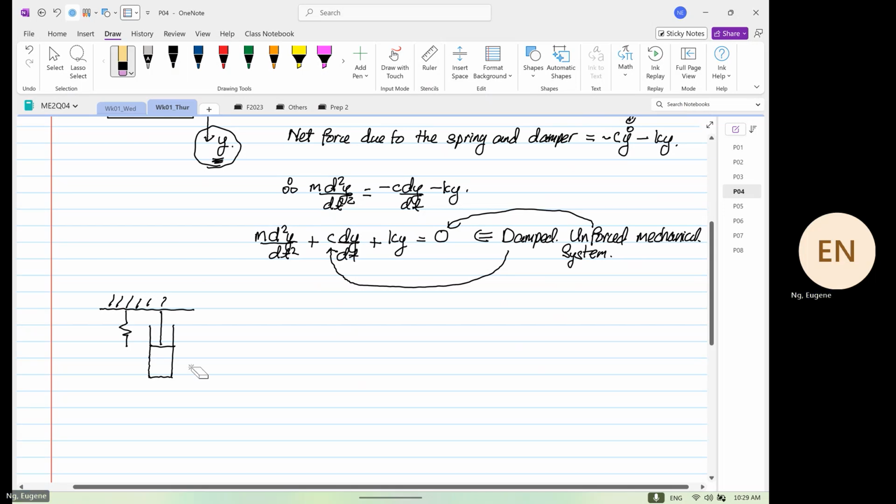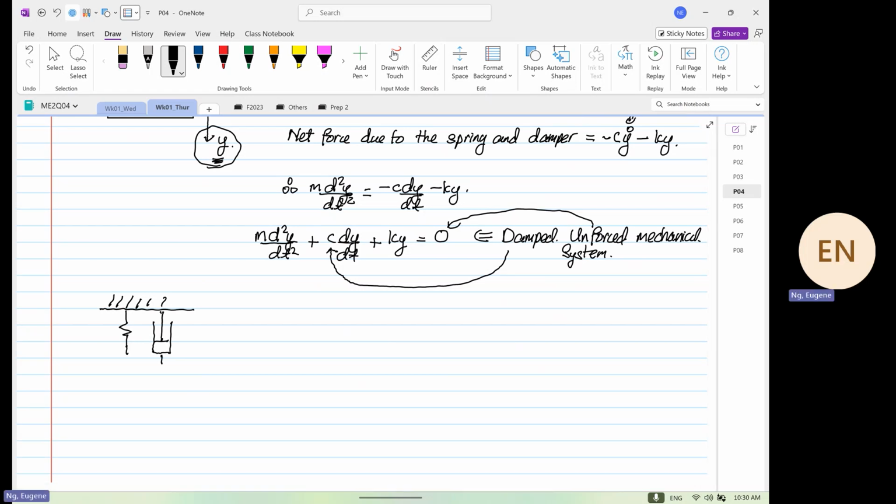There's no mass. We have not introduced the mass.